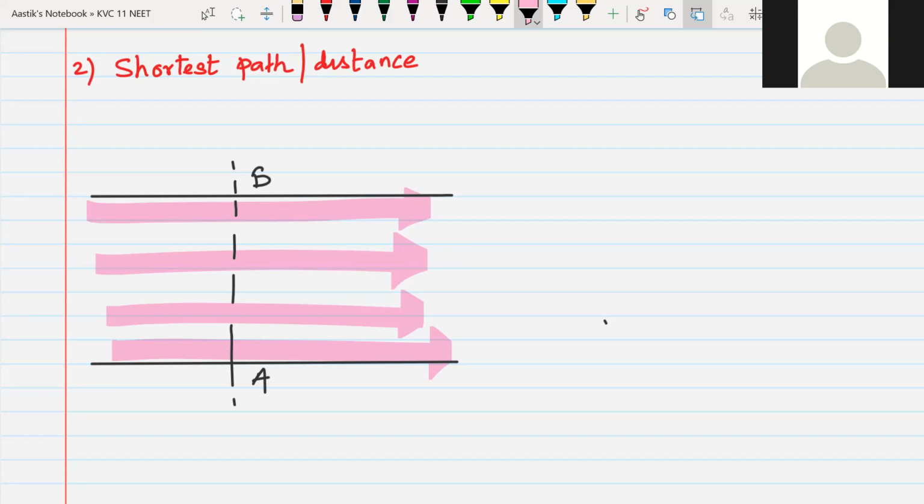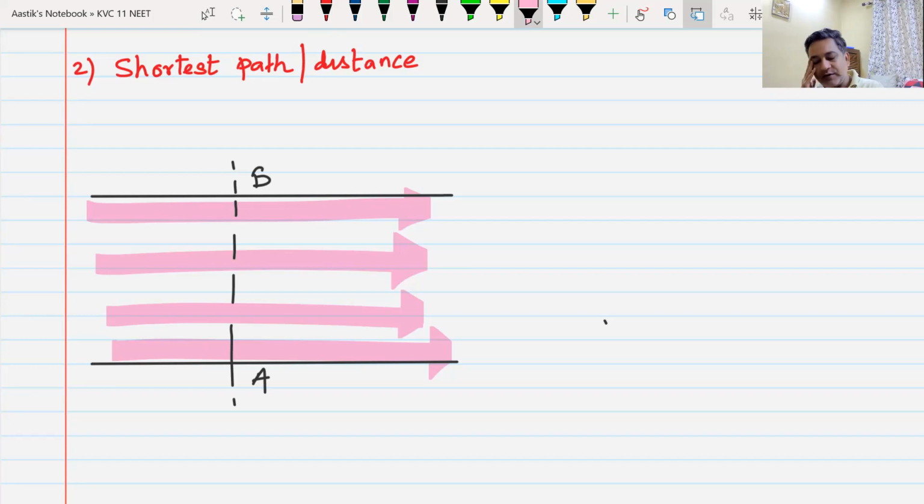Such a difficult question that no one knows the answer. You have 2 points A and B, and you have to move in the shortest path. Is it such a difficult question? What is the shortest path from A to B?